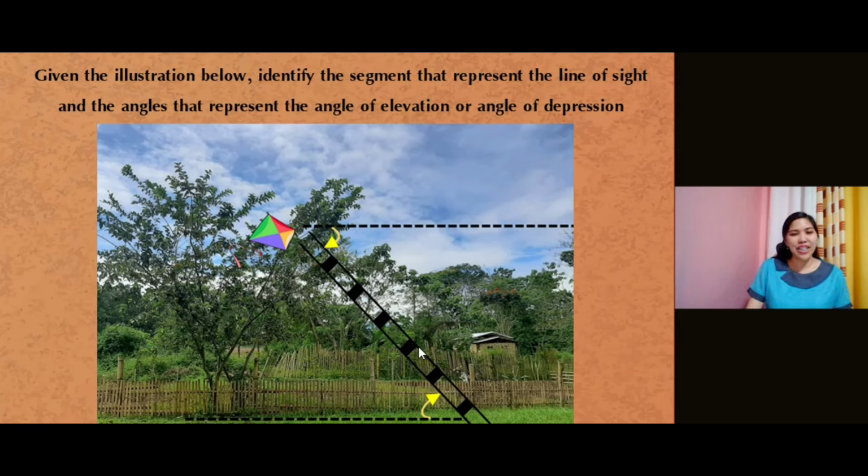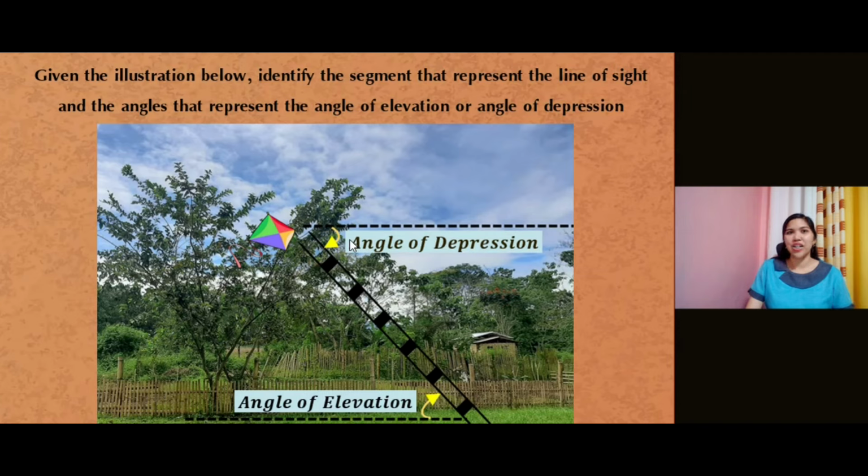As you can see here, we have a ladder and there is a guava tree there. Now, how do you call this angle? This is your angle of elevation. Very good. How about this angle? Here. This is your angle of depression.